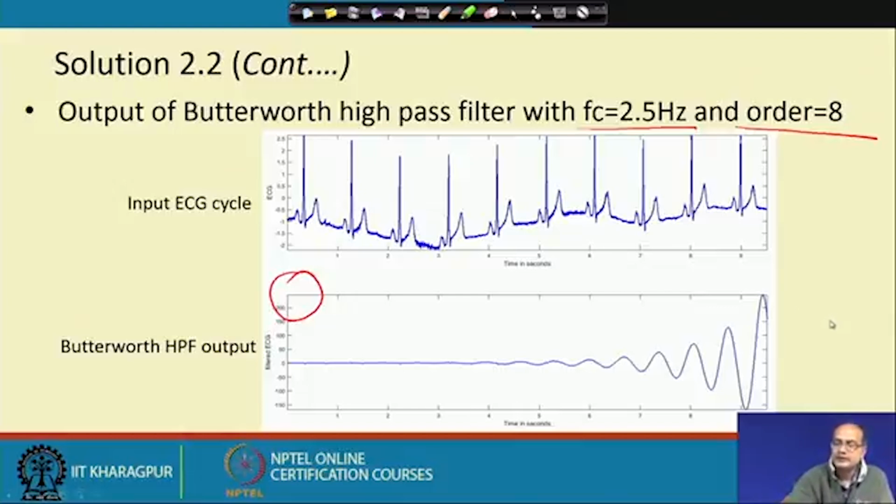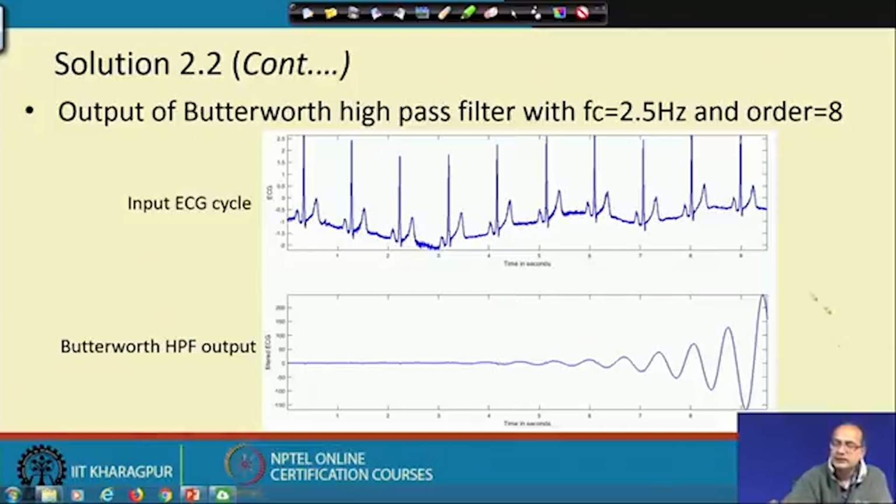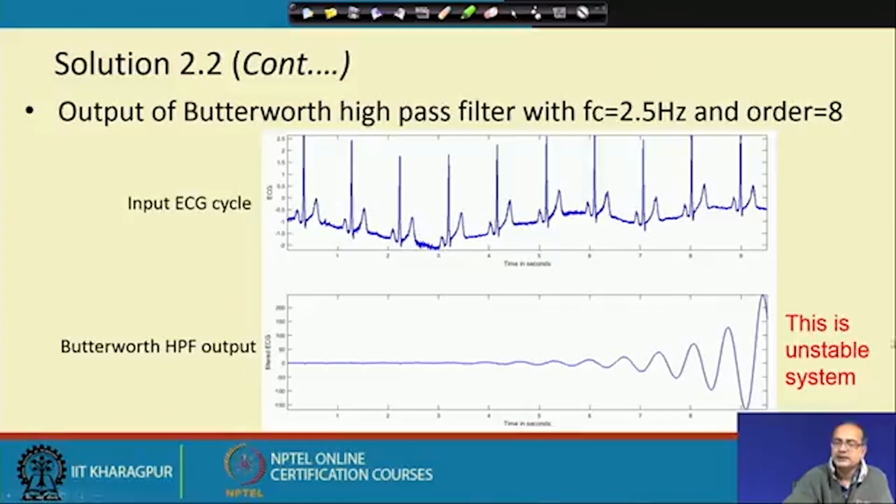Moving the cutoff frequency to 2.5 makes the situation better, but the signal is initially about 0 and then builds up. So, again it is a very unstable filter. It is not actually diverging from the beginning, but it still remains an unstable filter, and we cannot make use of it for any useful application.